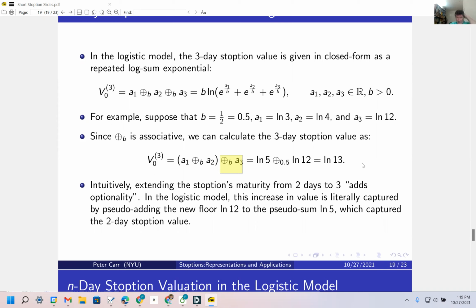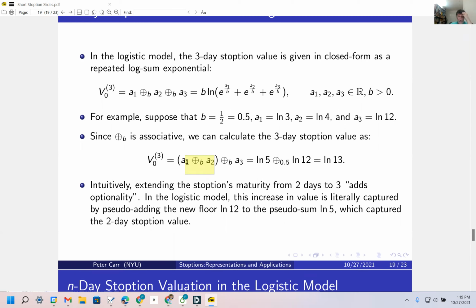And so you can kind of see the value, no pun intended, of having an associative binary operation, because we could take the previously calculated 2-day stoption value and just extend the maturity by 1 period, and we didn't have to recalculate these values.